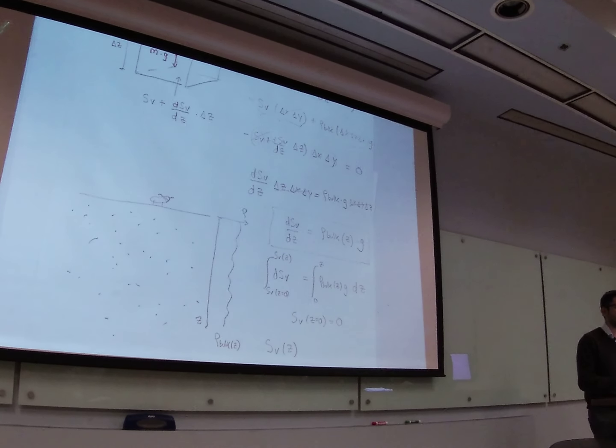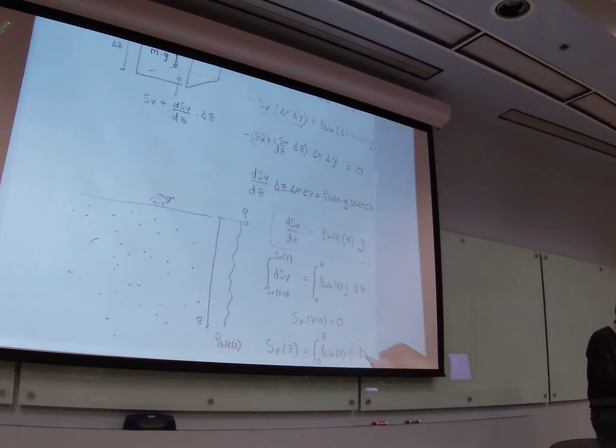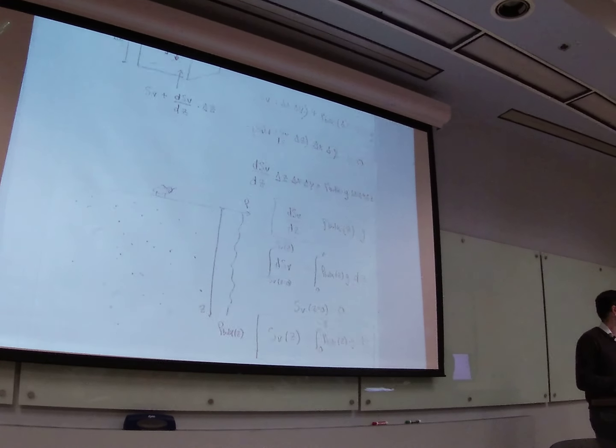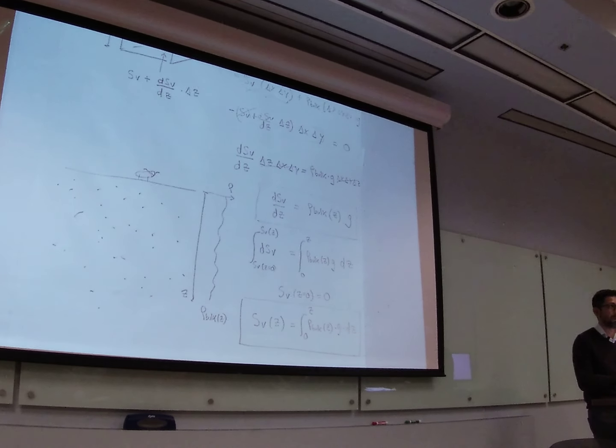What is the integral of 1 dx? It's just x, right? So SV at Z is the integral from 0 to z of the bulk density that depends on z times g times dz. And this is our equation. That's a general equation of vertical stress as a function of depth.